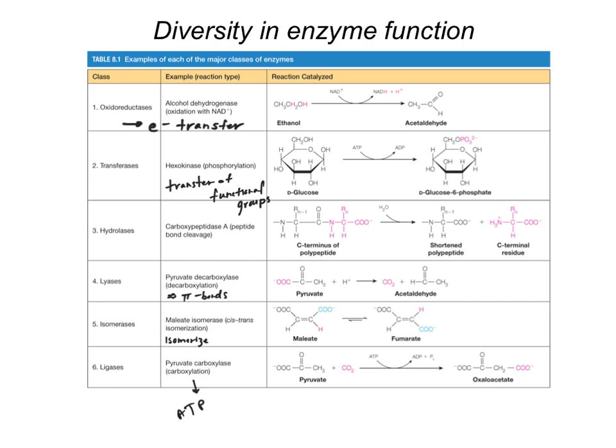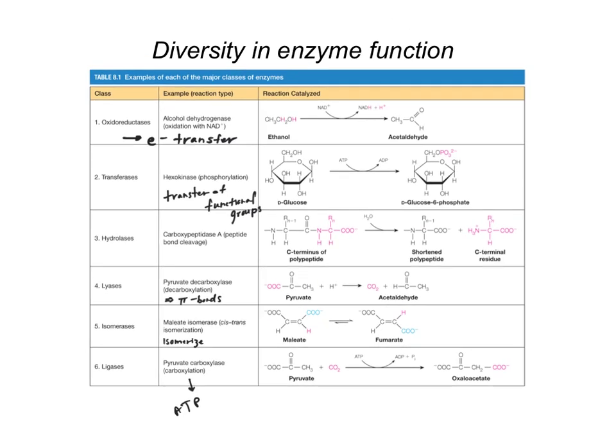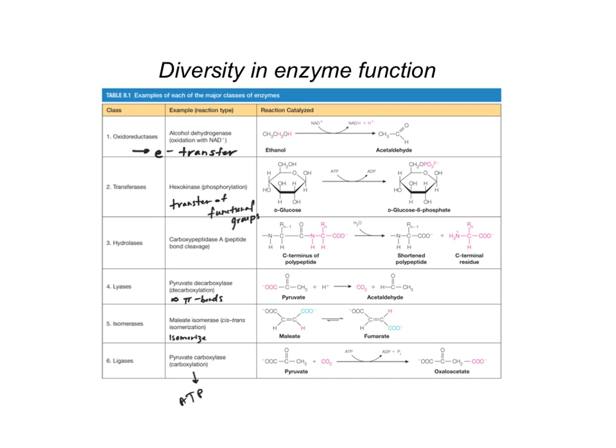Again, there are these large databases that categorize all of the enzymes that we have in nature in these 6 different classes. I just want to make you guys aware of those classes.